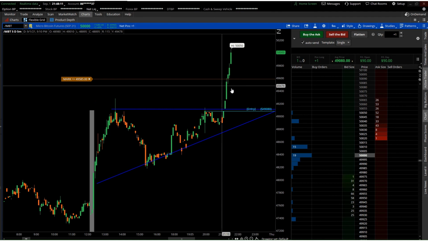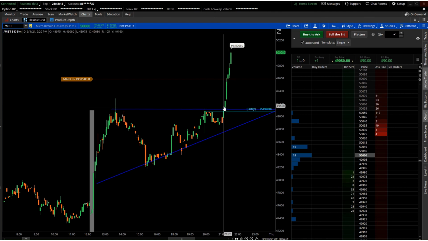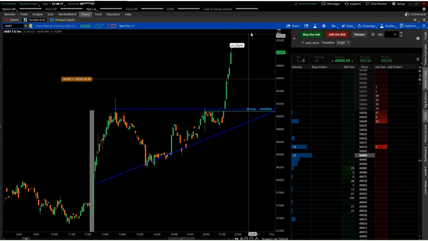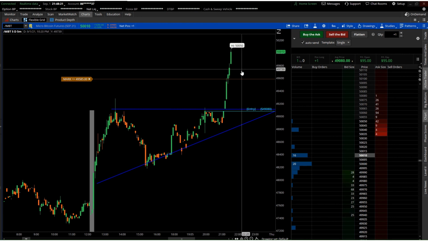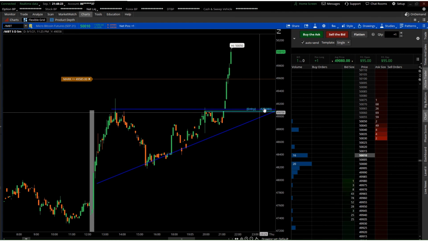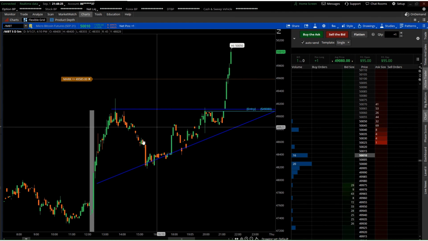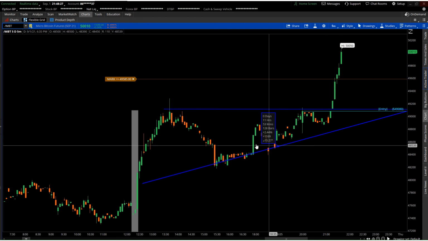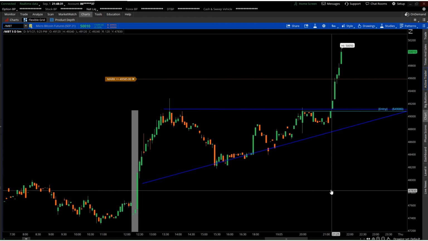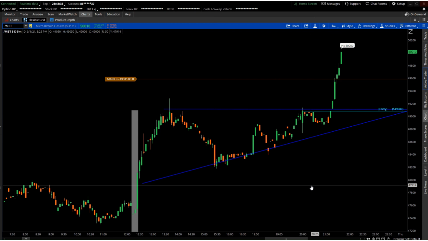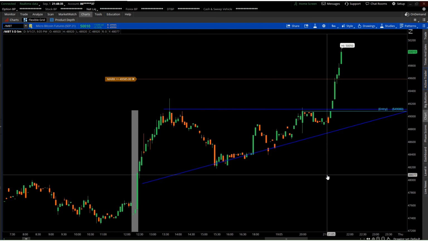Before I go to bed, I'll definitely start putting my stops in, so I'll have my take profit set as well as a stop, just in case it reverses during the overnight session. But again, this was the move I was waiting for based on this pennant pattern. So until the next trade, more to follow.